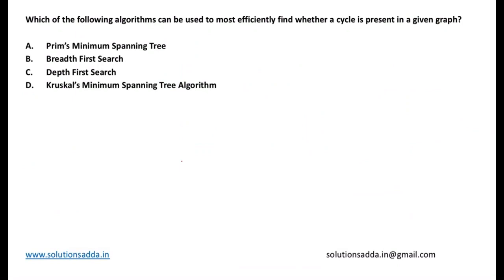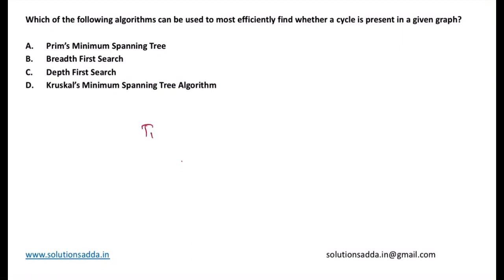This is a question from algorithms and data structures. Which of the following algorithms can be used to most efficiently find whether a cycle is present in a given graph? Options are Prim's minimum spanning tree, breadth first search, depth first search, Kruskal's minimum spanning tree algorithm. So the correct answer for this question is both BFS and DFS, i.e. breadth first search or the depth first search.